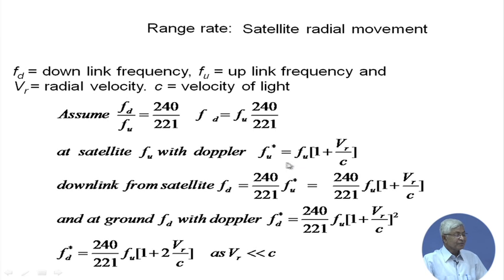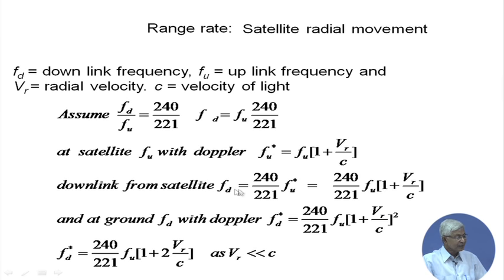Now, the satellite will convert this and repeat it down to the earth. It will take this frequency and put it as a downlink frequency, and the downlink frequency is the uplink frequency multiplied by the factor we have assumed, 240 by 221. So, in this case the downlink frequency will be 240 by 221 multiplied by the uplink frequency with Doppler, that is Fu star, which in terms of Fu is 240 by 221 Fu multiplied by 1 plus Vr by c.